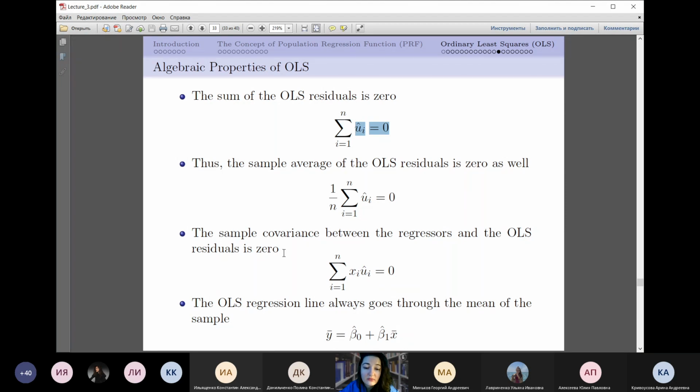So in other words, if you run your regression and obtain your unknown parameters, you can plug in x mean for x, and then you predict the average value of your dependent variable. And you will practice how to do this during the next seminar.